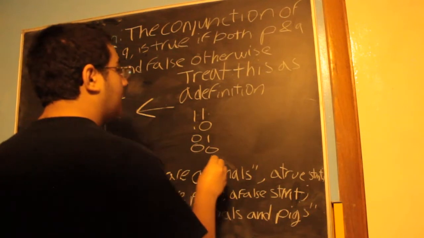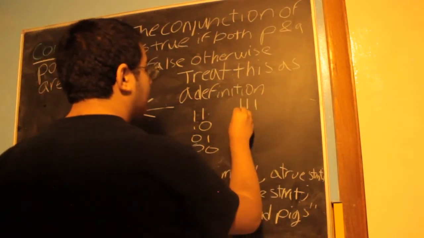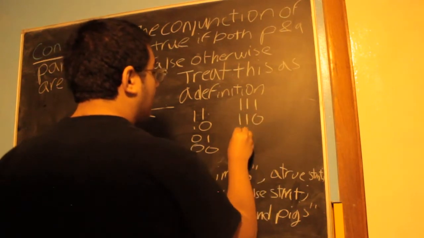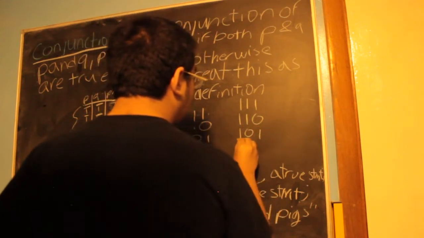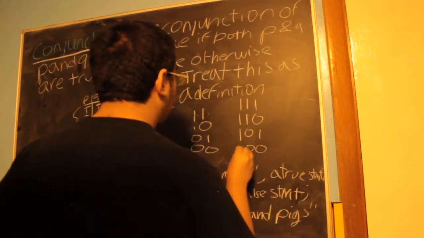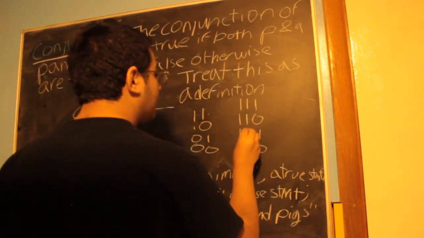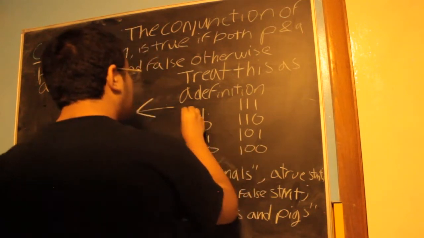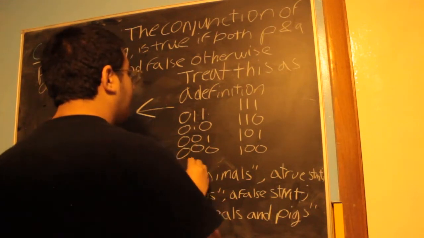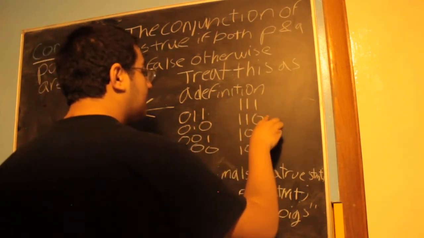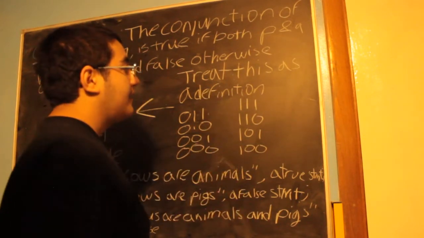So, counting down from 7 in binary would be this, and then you'd go 111, 110, 101, 100, then you do 011, 010, 001, and 000. This is 7, 6, 5, 4, 3, 2, 1, 0 in binary.